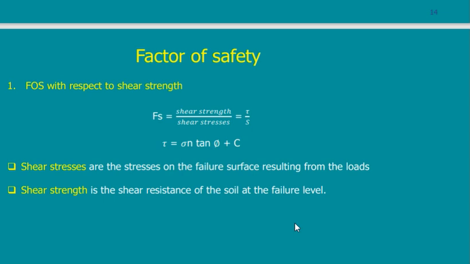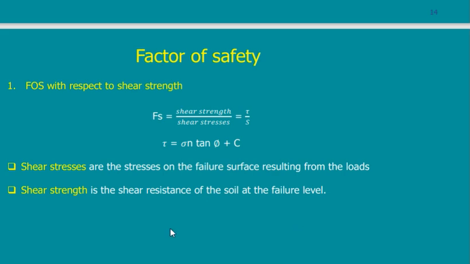This is your factor of safety. If the person keeping you in place is double the person pushing you, then your factor of safety is 2, because two persons can push you and you will not fall. So your factor of safety is 2, and so on.